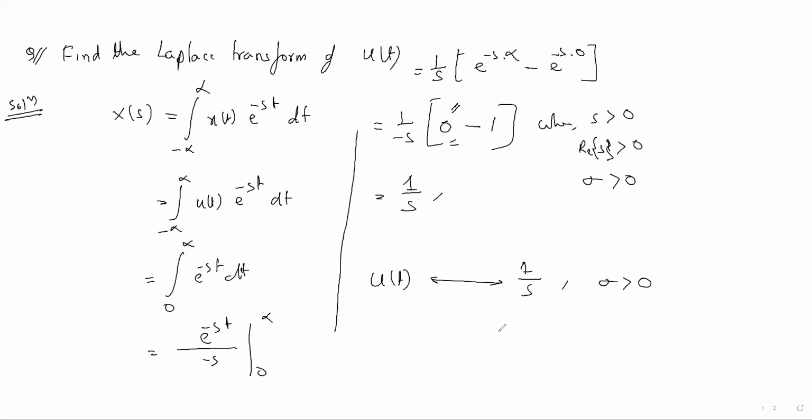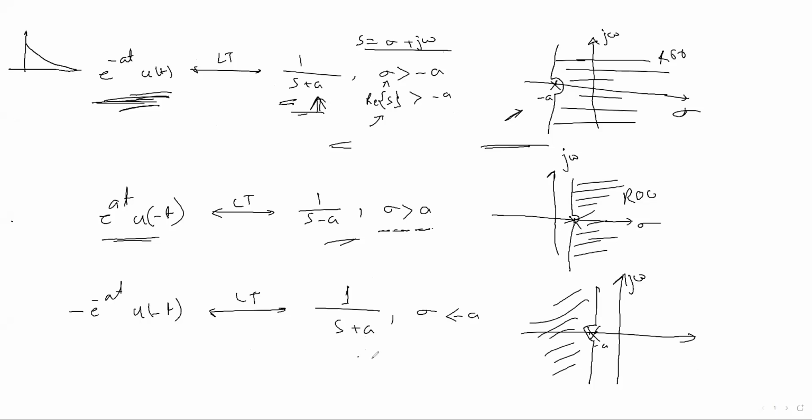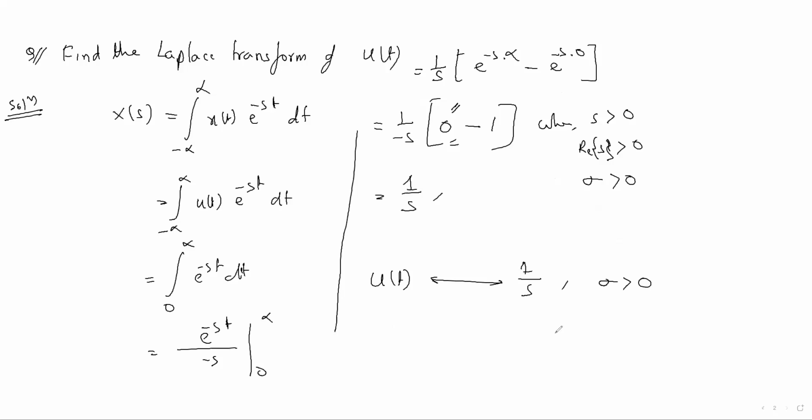Write down another problem with the help of the information I have given: what is the ROC and how we can plot it using those concepts. Let us do one more problem.